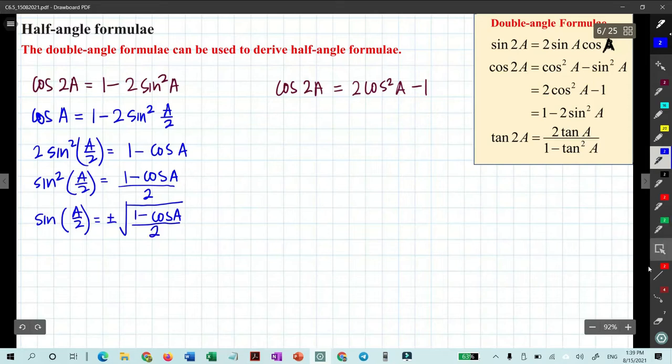Okay, so this is the half angle formula for sine.